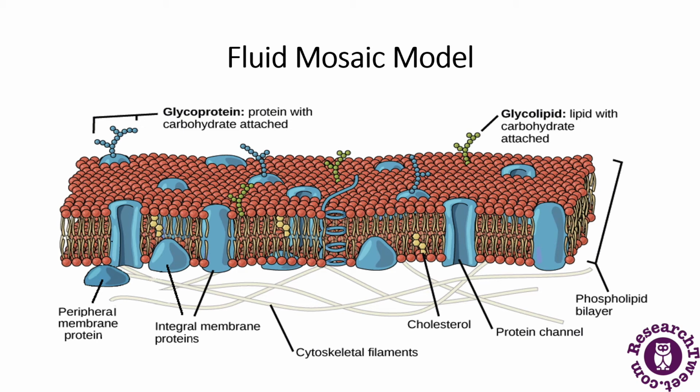The fluid mosaic model was first proposed in 1972 by Garth L. Nicolson and S.J. Singer. This model explained the structure of the plasma membrane. The model evolved with time, but it still accounts for the functions and the structure of the plasma membrane in the best way possible.